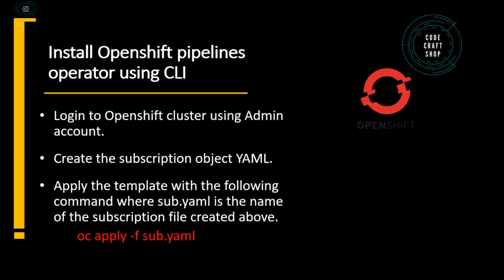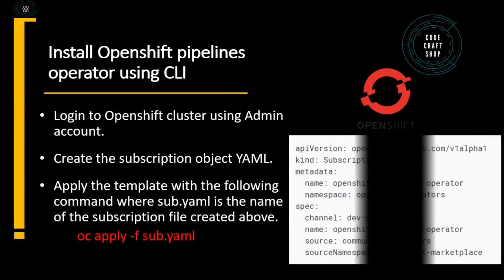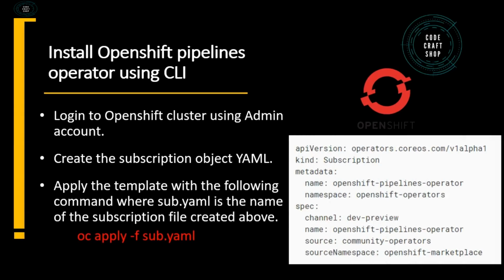Sub.yaml is the name of the file which we will create in the demo. So once we execute, it will create an OpenShift pipelines operator in the OpenShift cluster. In the screenshot I have shown you a sample of the sub.yaml, so we will be using the same one.